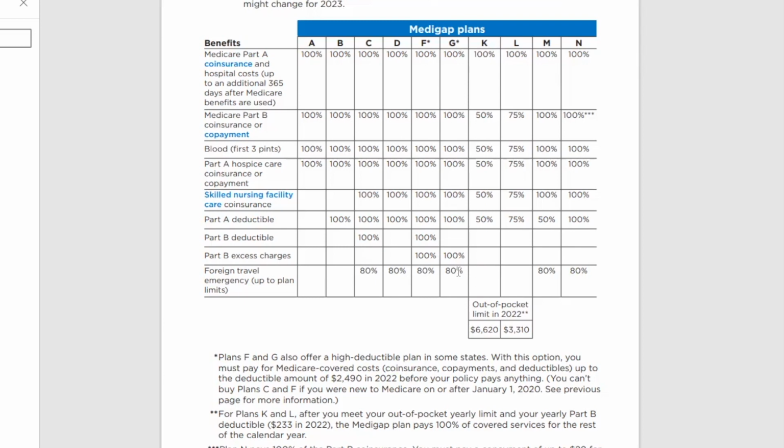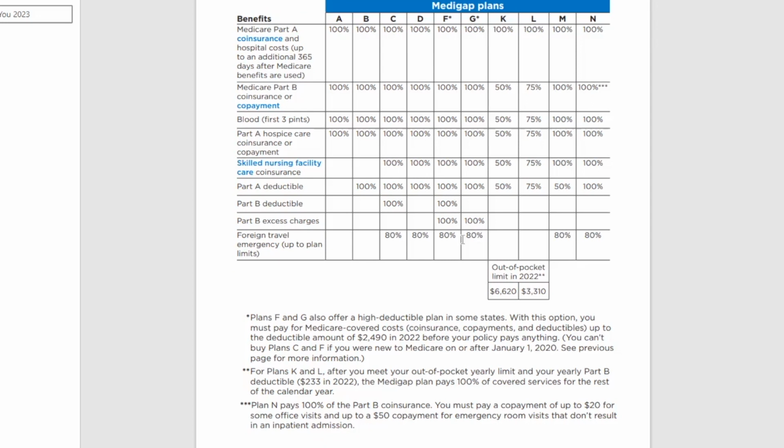Now, a doctor can say, I will take your Medicare, but I also charge extra from what Medicare charges, okay? So say a doctor visit for original Medicare is, let's say, $100, but the doctor says, I will take the $100, but I also charge an additional $20. Those are excess charges. Well, Plan G will cover the excess charges and Plan N will not, okay?